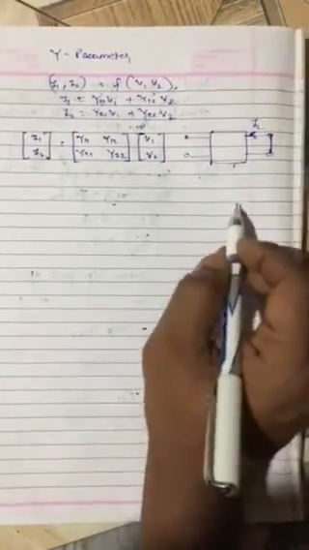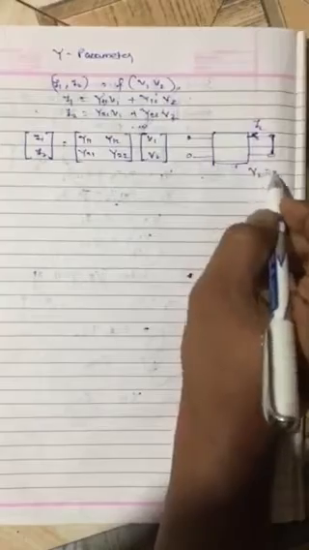If this is a two-port network, for your reference I am drawing it. Remember carefully, this is I2, which is always incoming. If I short circuit the output port, then V2 becomes equal to 0. So case 1 is when the output port is short circuited.